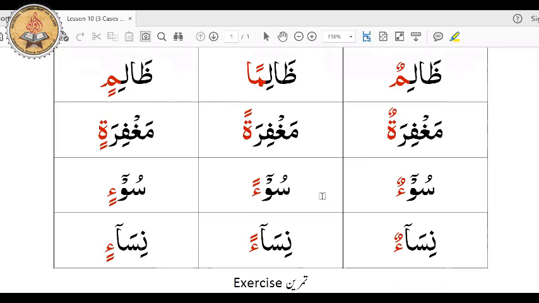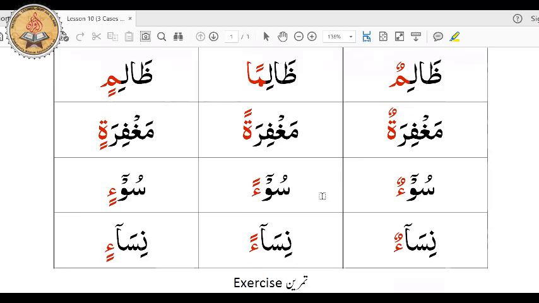But the second step cannot be understood or taught or learned well if we skip the first step, which is the recitational rules. Because the very first contact of human contact with the Quran is a vocal contact.